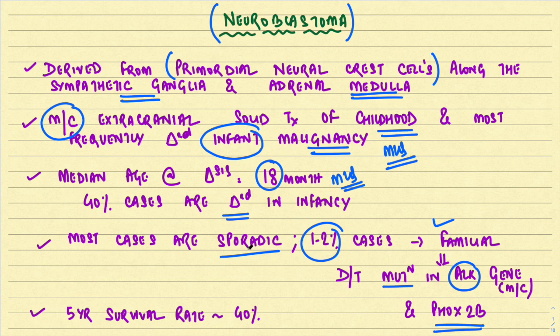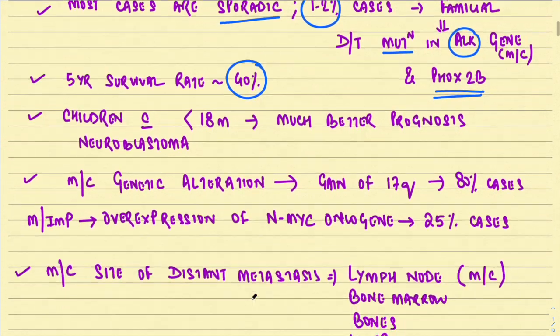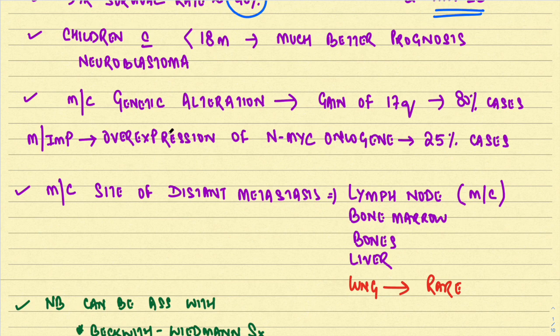Even though there have been a lot of advances in the treatment of neuroblastoma, the 5-year survival rate stands at only 40%. Children with neuroblastoma aged less than 18 months have a much better prognosis. So age of diagnosis is very important in the prognostication of neuroblastoma.